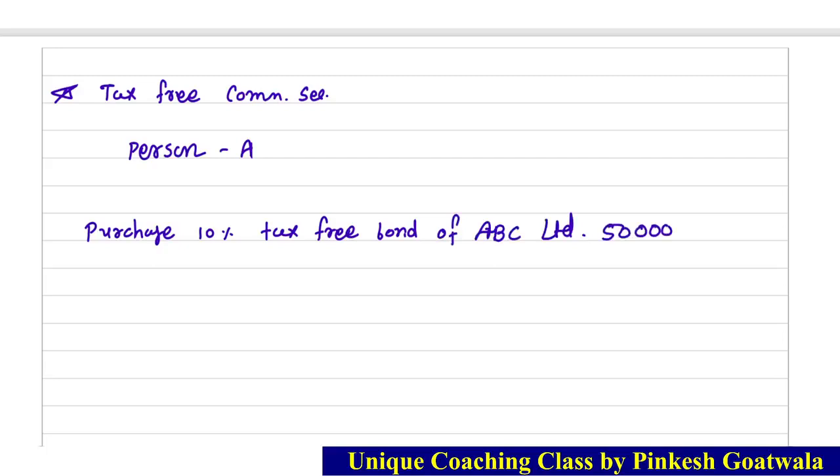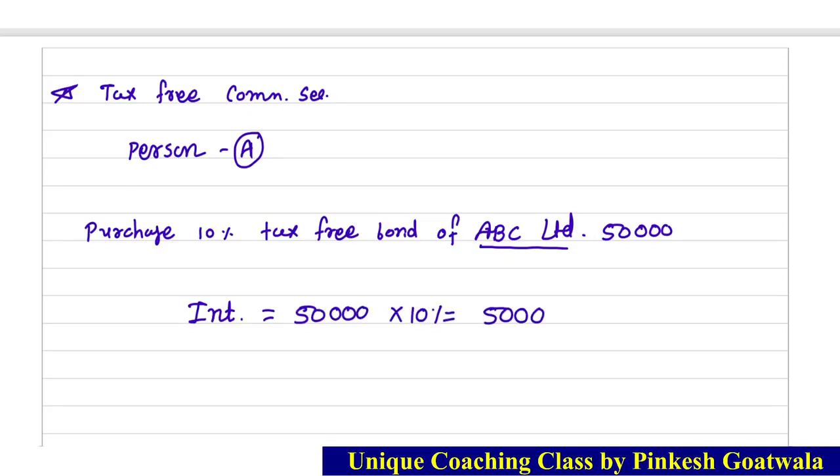So here what will be the amount of interest? Here we suppose that the company, ABC Limited, pays interest only one time in a year, and on that date this person A holds that bond, so he will get the whole year interest. 10% of 50,000, here the amount comes 5,000.